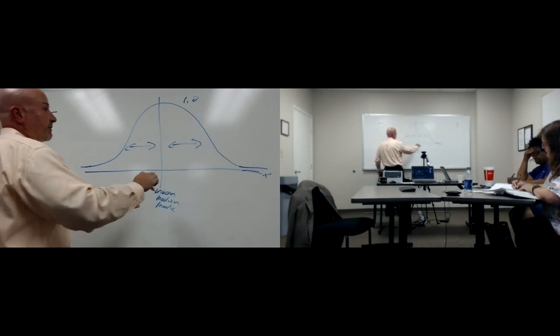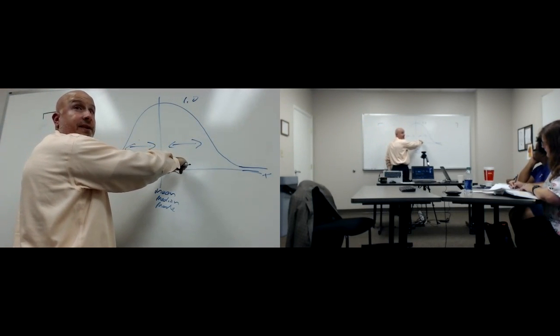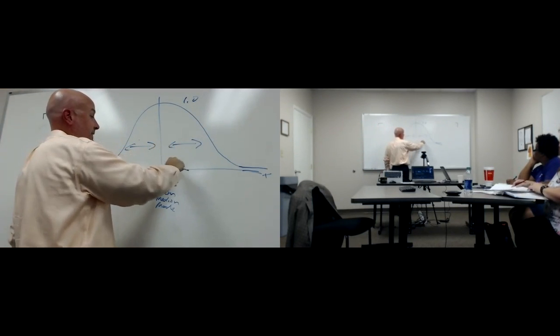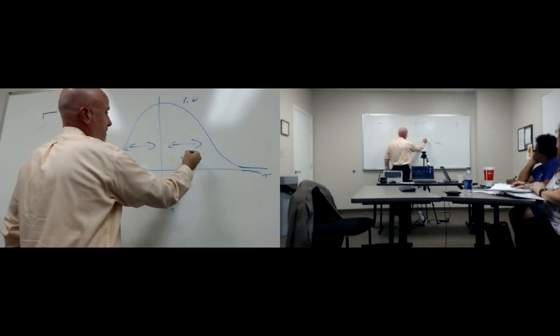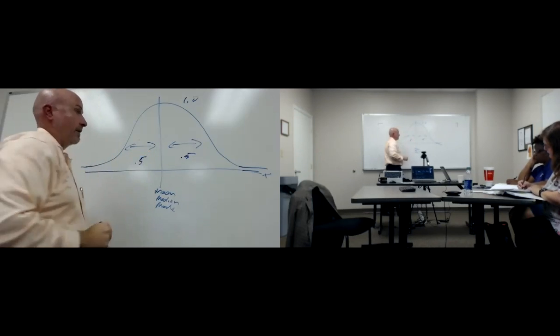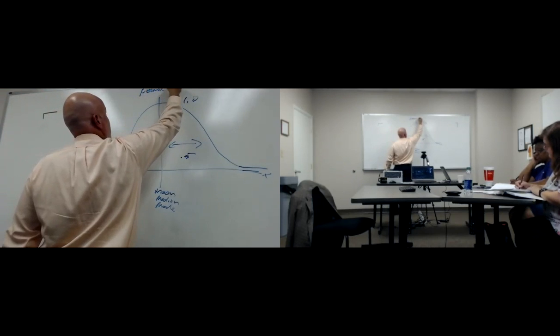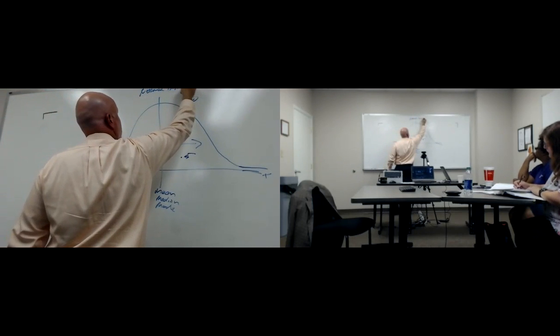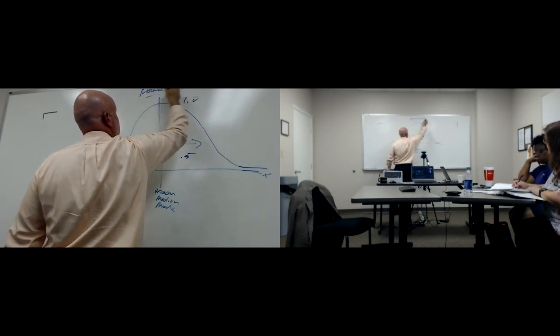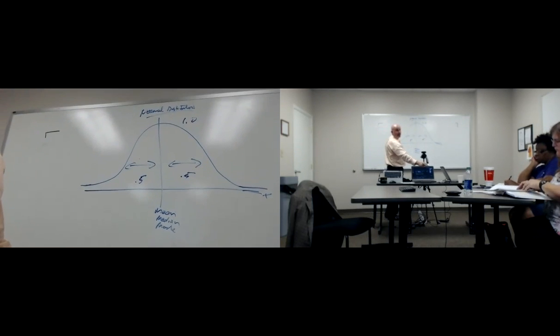So if everything is under the curve, what area under the curve is this, to the right of the mean? And what area is to the left? 0.5. We just described a normal distribution.